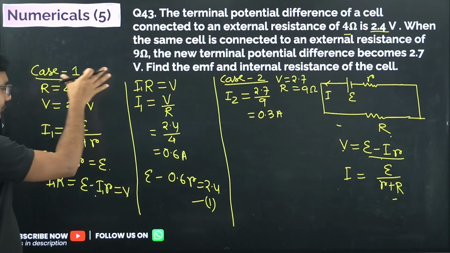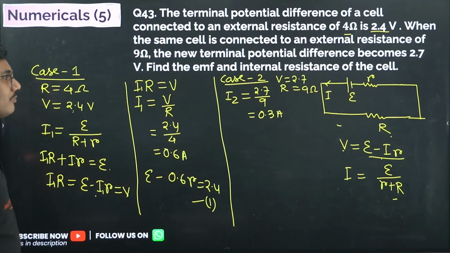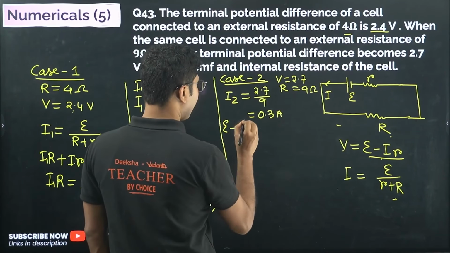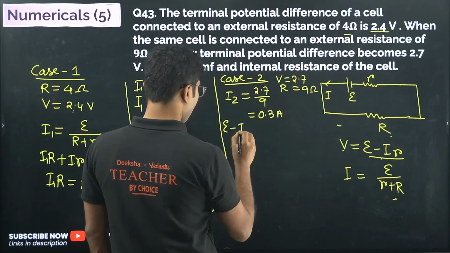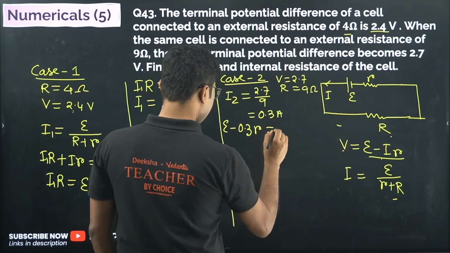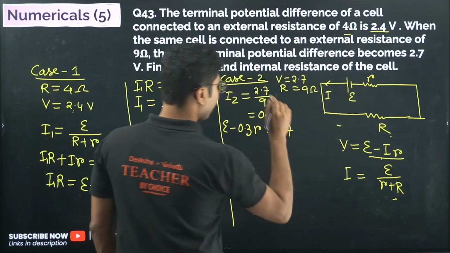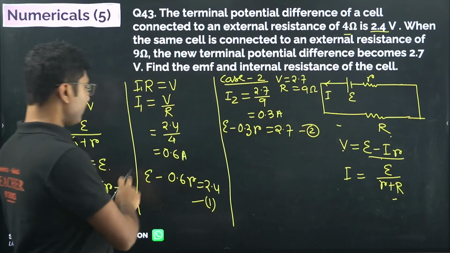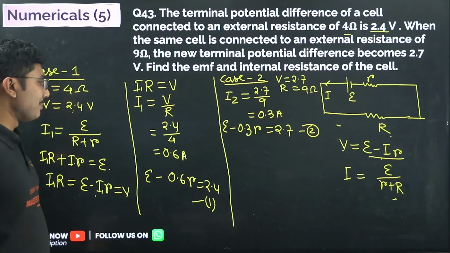Once we have done the mathematics, we can use the formula again, right? So now we will use the second formula: epsilon minus 0.3 r equals 2.7. This is our equation number 2. Now we have to eliminate, it's very simple elimination.